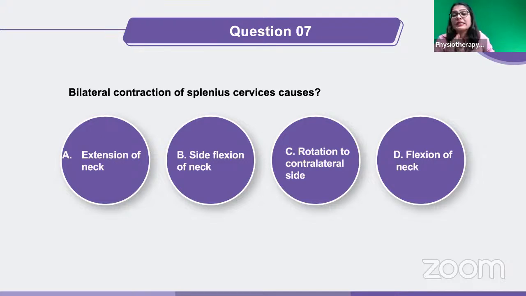Bilateral contraction of splenius cervicis causes what? First, extension of the neck, side flexion of the neck. Read my question properly. It is bilateral contraction of splenius cervicis causes what? Comment down the answers, we will discuss.